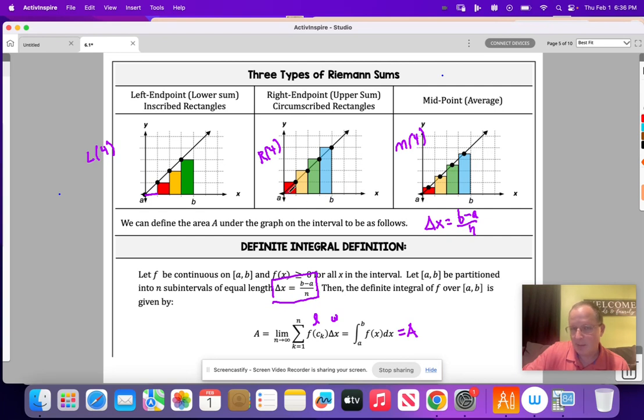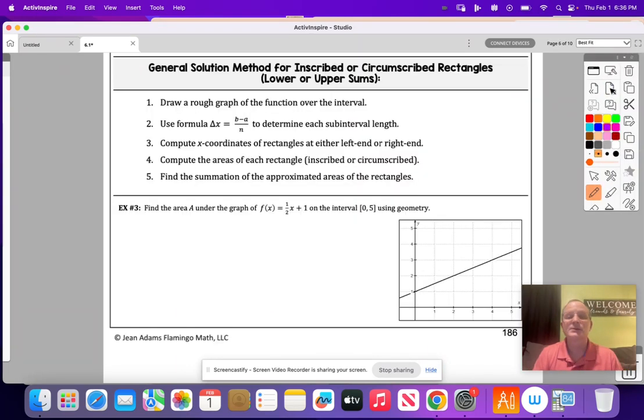The x values here are all based on that k. We'll talk more about that later. But wouldn't it be so much better if you just added up an infinite number of rectangles? Here I had 4, but if that n went to infinity, you would have the exact area, not an approximation. This is still an approximation when you add up the rectangles, but not if you send the rectangles to infinity.